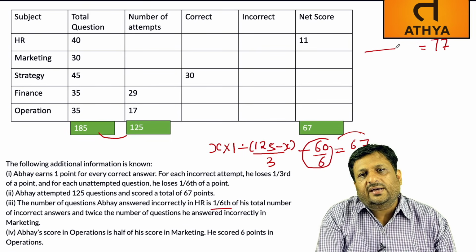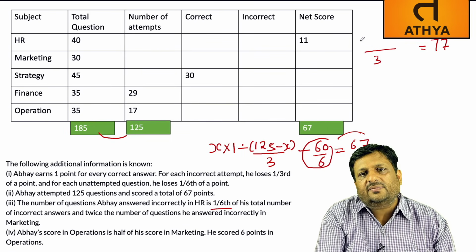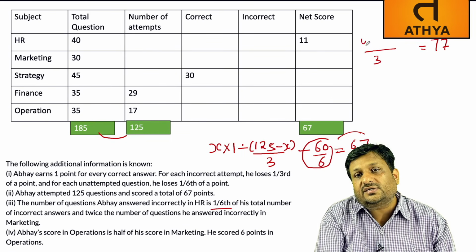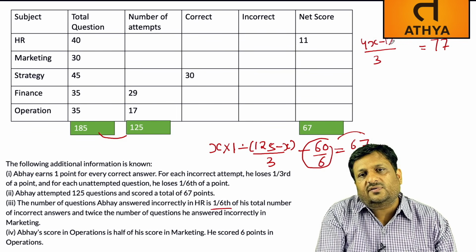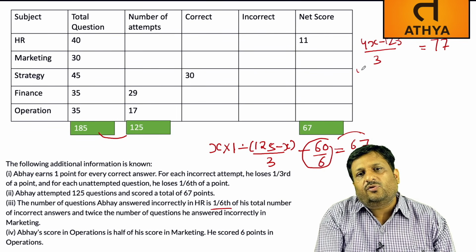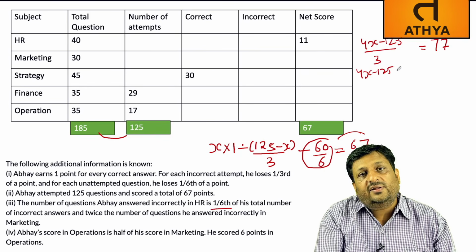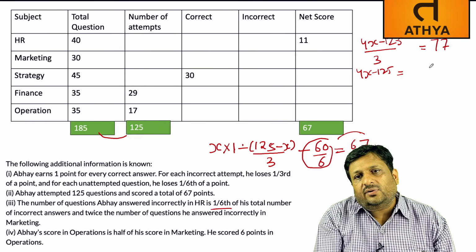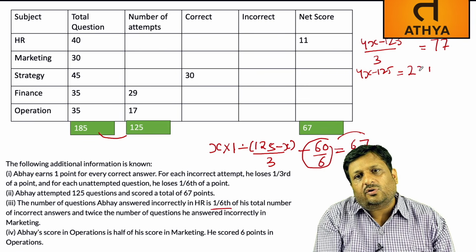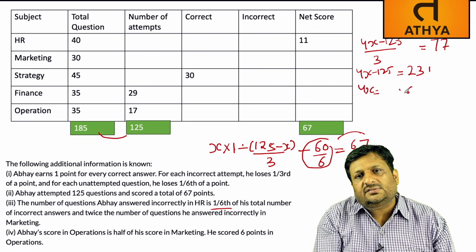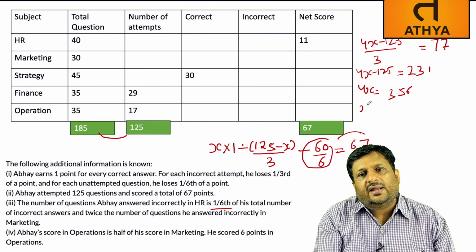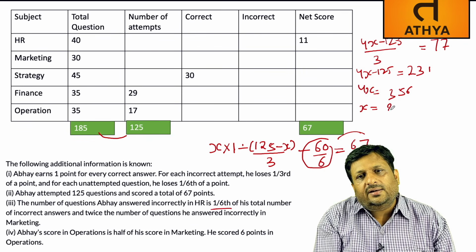And if I take 3 as LCM, it will be 3x minus 125 minus of minus x, it will be 4x minus 125. So 4x minus 125 will give you 231 if I am not wrong, and 4x will be 356 and x will be 89.